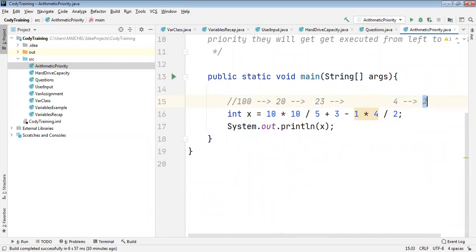23 minus 2. All that we already executed gave 20, and all that gave us a final result of 2, if you remember.